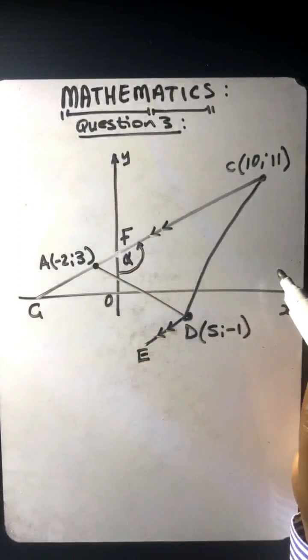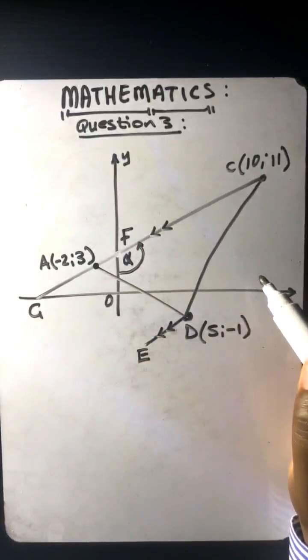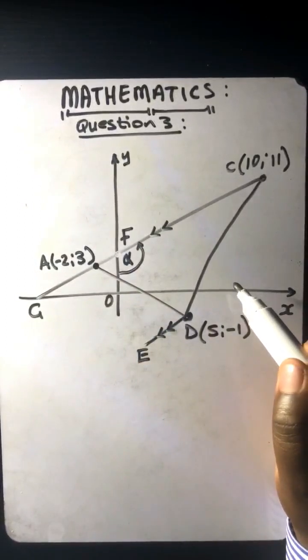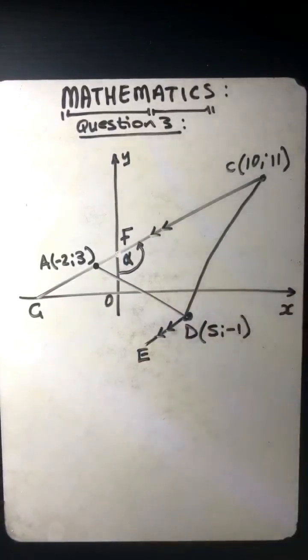Okay. And CA produced cuts the x-axis in G. Remember, guys, the word produced simply means extended.